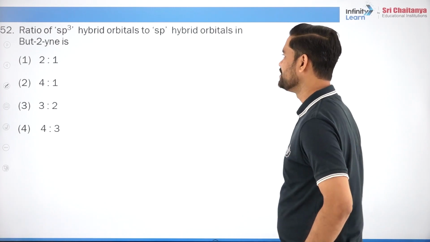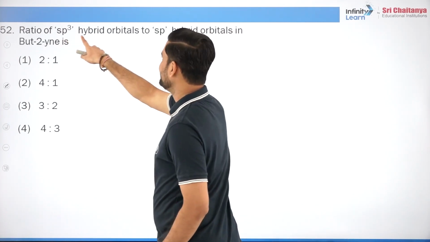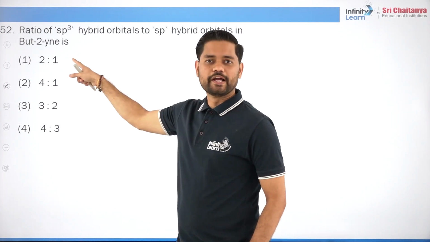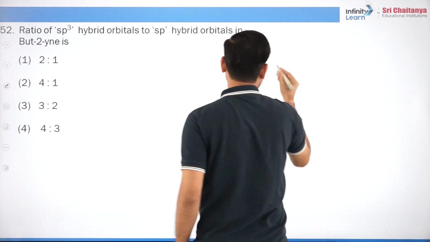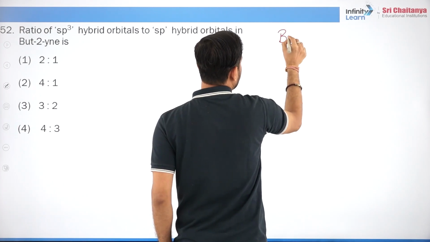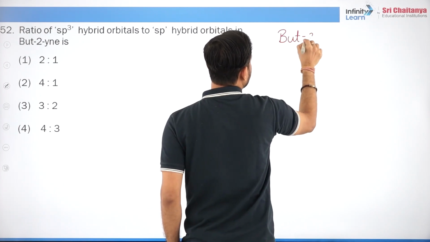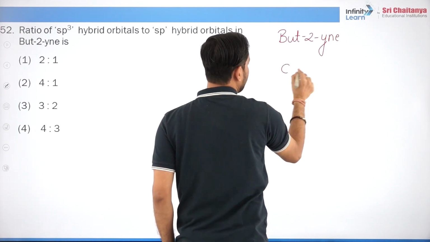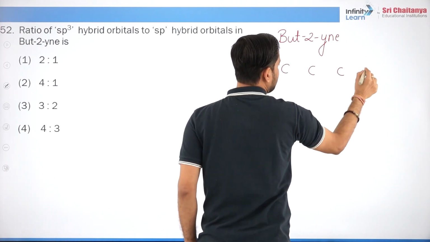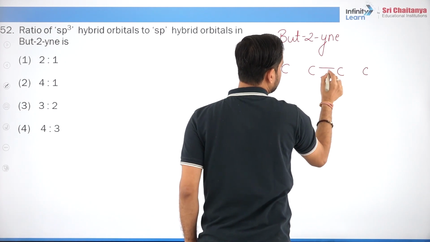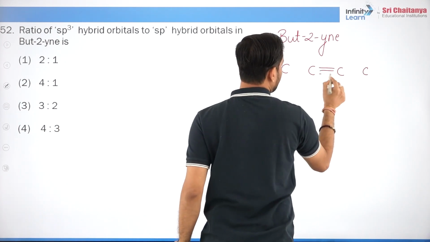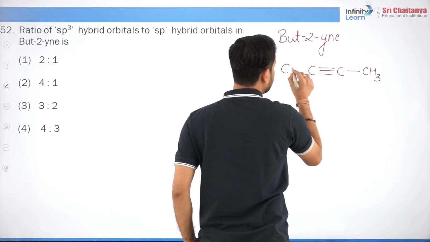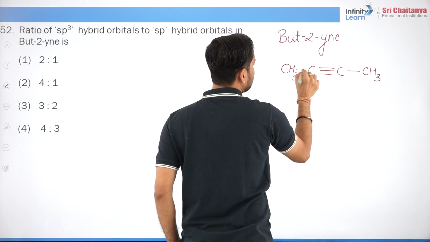Talking about the second question, the ratio of sp3 hybridized orbitals to sp hybrid orbitals in butyne. So let us discuss butyne. If I draw its structure, it means 4 carbon atoms and there is a triple bond over here, hence it will be CH3, and this will also be CH3.